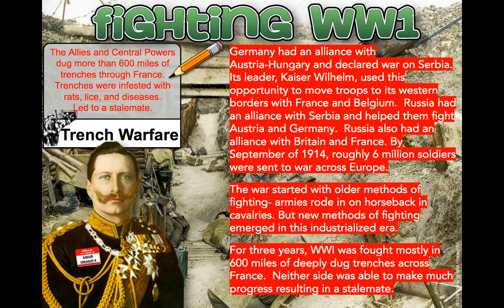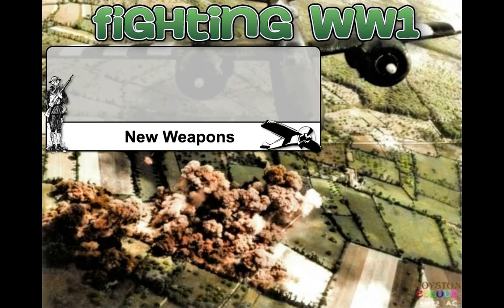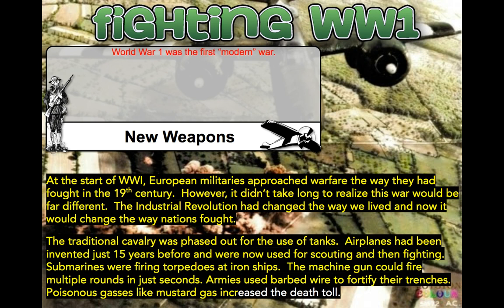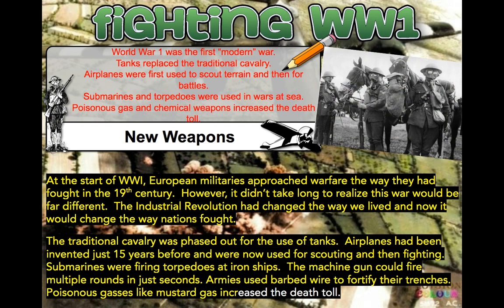So it was really interesting that they chose to fight that way at first, but you'll see as we move on to the new weapons slide, certainly things change there. You can thank General Pershing from the United States and a few other countries, and also just the revolution of industrialization that we've been talking about since the late 1800s.